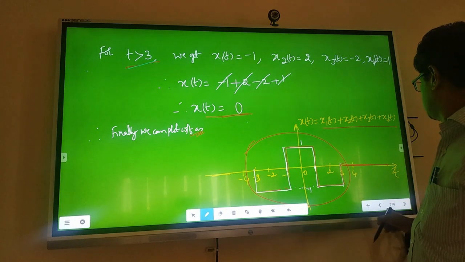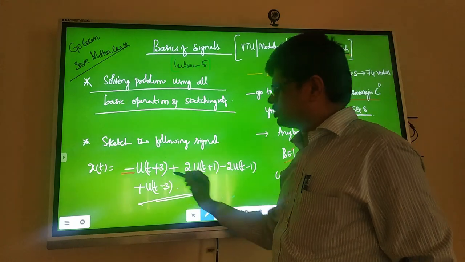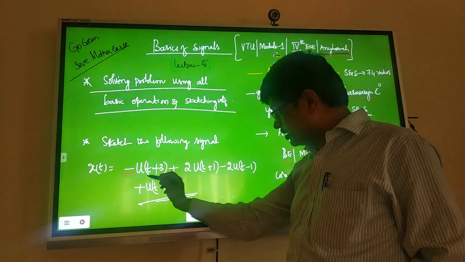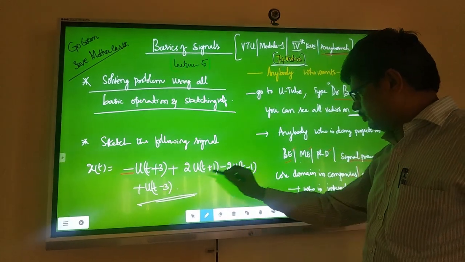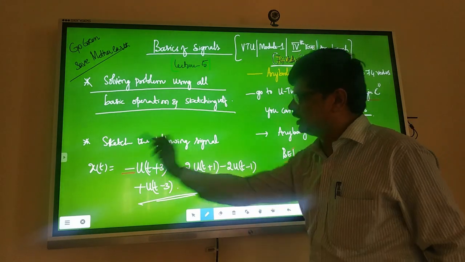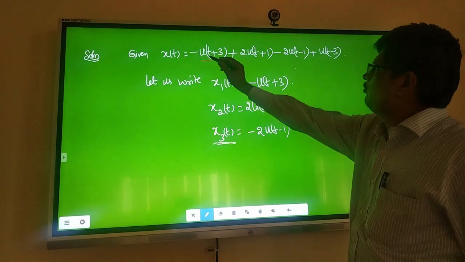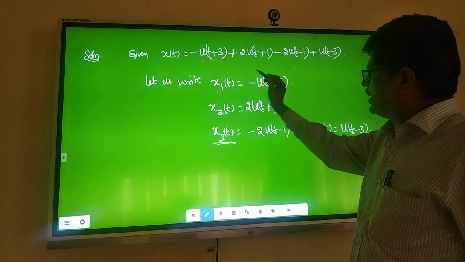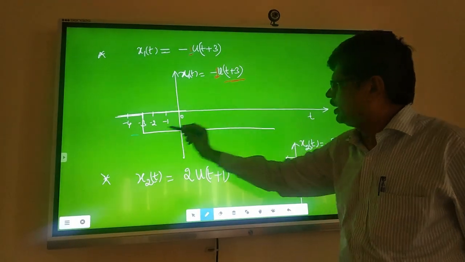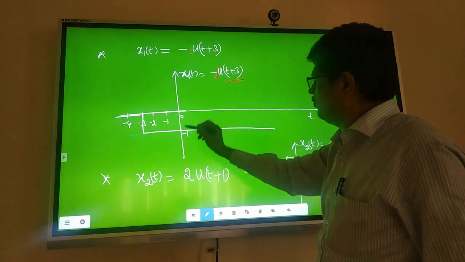Using all the operations, the problem will give you one big expression like this. Now I have used all the basic operations: amplitude shifting, advance shift, delay shift, addition and subtraction operations, and in the end addition operations. To sketch quickly using all that, first write the given signal, then split it as x1(t), x2(t), x3(t), x4(t). Then draw all: x1(t) starts advanced by 3, x2(t) advanced by 1 with an amplitude of 2, then with an amplitude of minus 1.